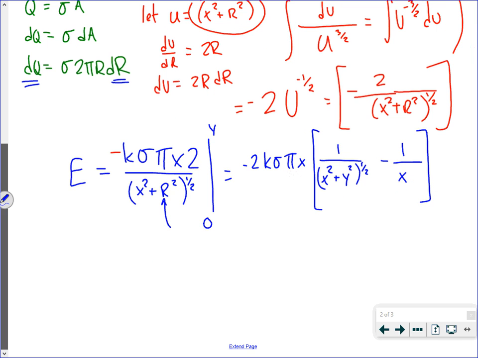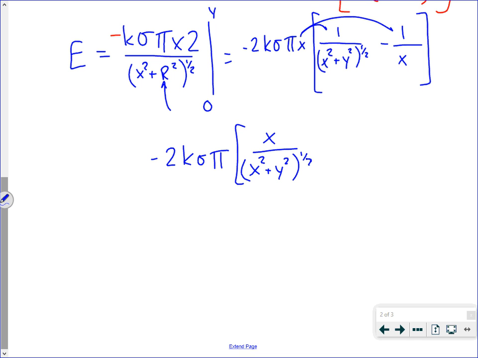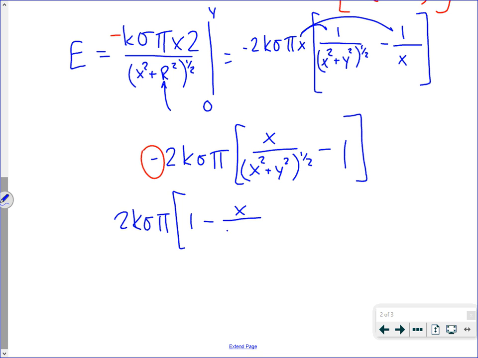Let's see. I'm going to put this x through both. We got negative 2k sigma pi x over x squared plus y squared to the 1/2 minus 1. And then we'll handle this by saying 2k sigma pi times 1 minus x over x squared plus y squared to the 1/2.